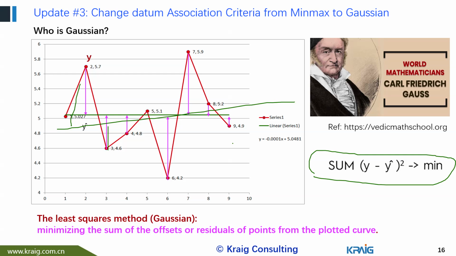So the big difference between the Gaussian and the previous one, we call it min-max or Chebyshev: Chebyshev only uses the worst point to minimize the worst point, but Gaussian is going to use all of the points.